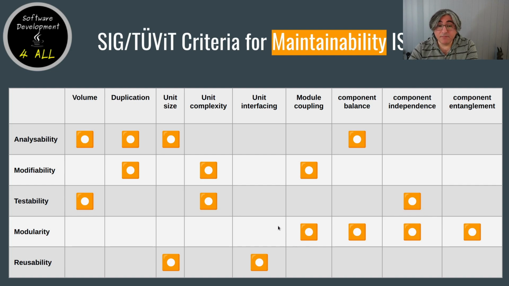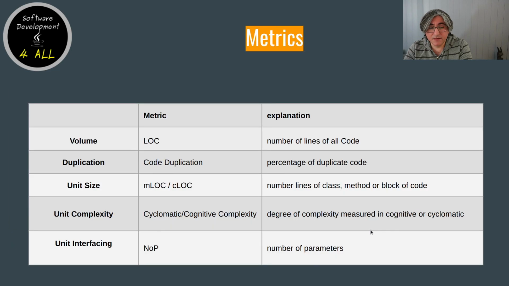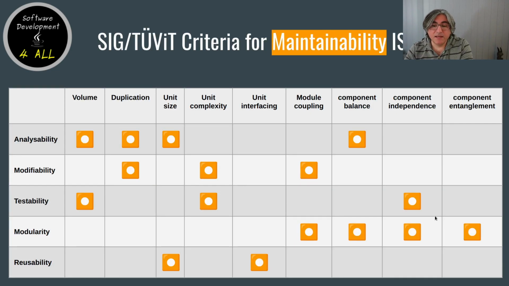So again, the module coupling has an impact on the modularity. The component balance also has impact on the modularity, and the component independence, which we have just talked about as well. But the component entanglement says something about the interdependency between two or more components that are two-way dependent on each other.